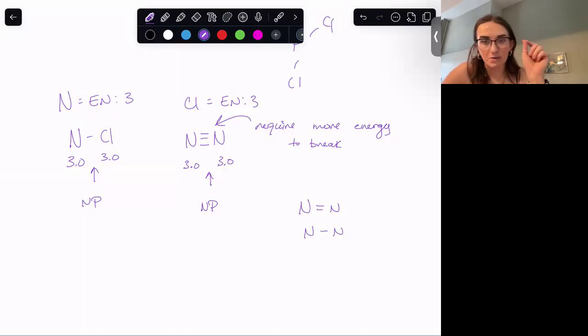So the more bonds between a molecule you have, the stronger the holds those elements have on each other, and the greater the sharing and the greater the energy of that bond between them. So that makes it harder to break because you have to put more energy into those bonds. Does that make sense why the N3 would be?